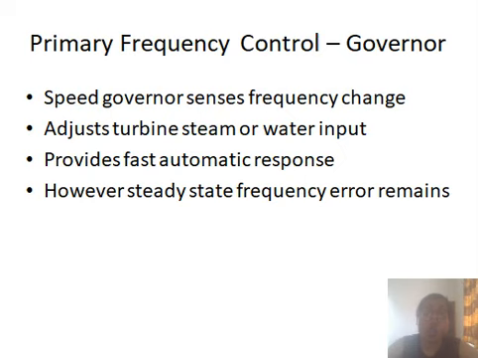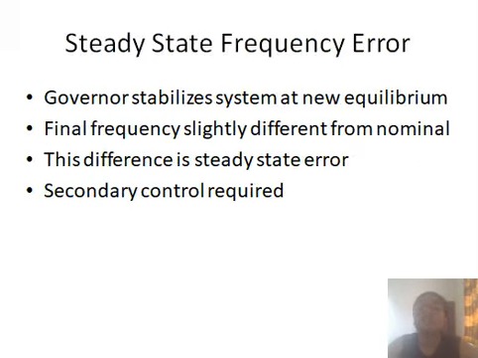Now here comes the second loop, which is an integral controller loop. Before going into that, note that steady state frequency error is the difference between the nominal or desired value and the actual value. Whenever the load is applied, there is a change in speed and frequency.